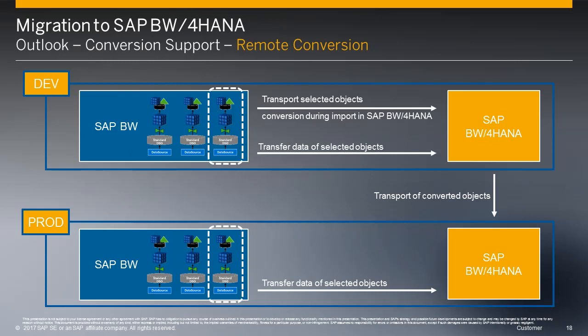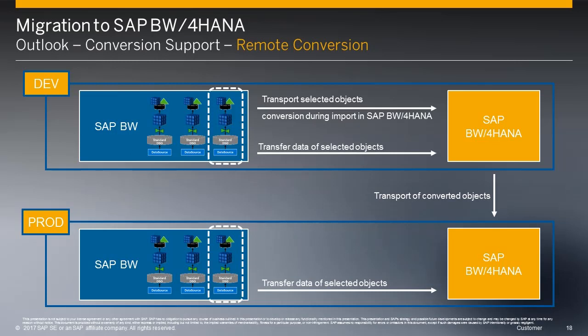We only want these two pieces. We put them in a transport. We transport them to production. And then we take the data from that production system and transport the data for those selected objects to the new BW for HANA. So again, two different paths of getting there, similar, but it really depends on what you want to do.